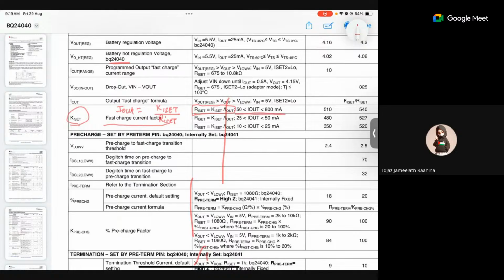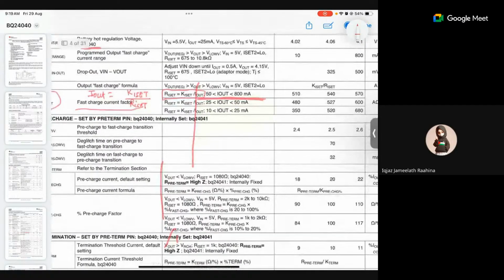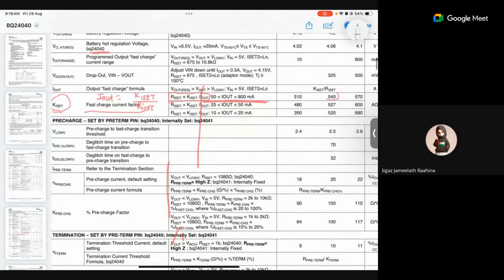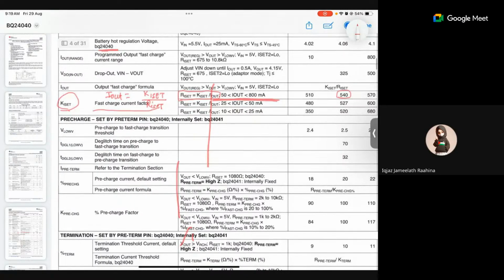According to this one, we have a value of 540. If you have any doubt, you can change the value also and calculate what is the I out. If I put all three values, that is 520 divided by 740, 527 divided by 740, and 540 divided by 740.